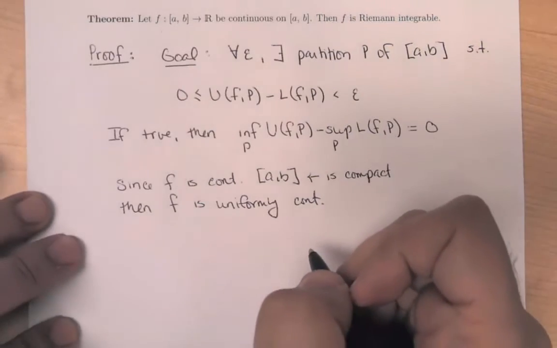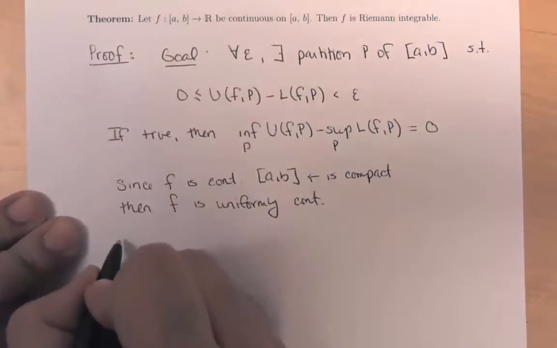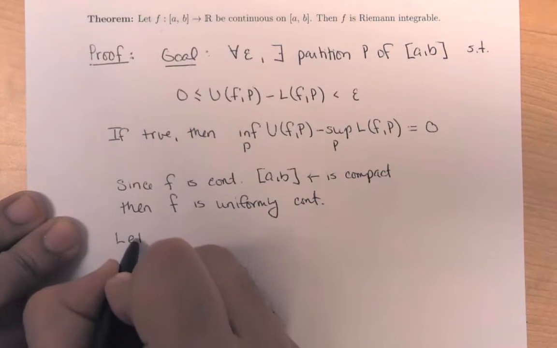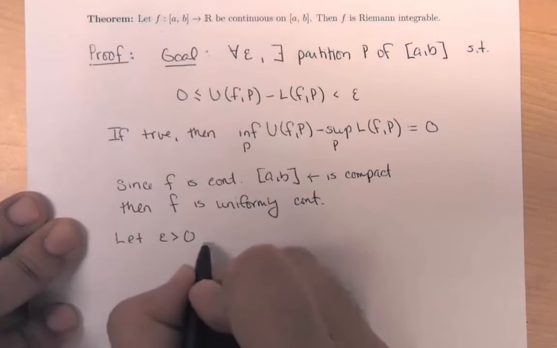What does it mean that f is uniformly continuous? Well, let epsilon be an arbitrary positive number.